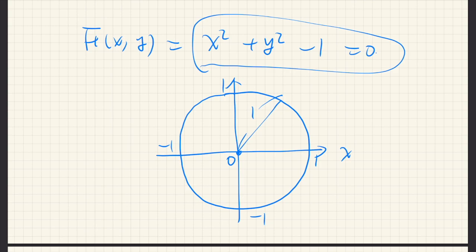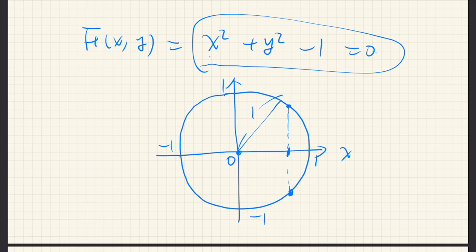So is this a graph of some function? Actually, it's not. Because x can vary from negative 1 to positive 1, and for any value between negative 1 and positive 1, there are two corresponding values of y. So the value of y is not determined uniquely, therefore this is not a function.